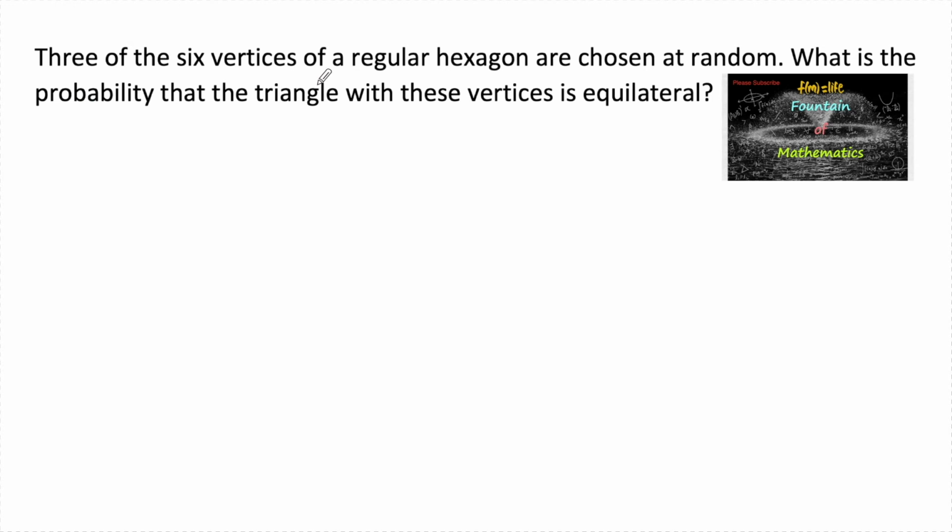Three of the 6 vertices of a regular hexagon are chosen at random. What is the probability that the triangle with these vertices is equilateral? A regular hexagon is a polygon with 6 sides and all sides are equal.